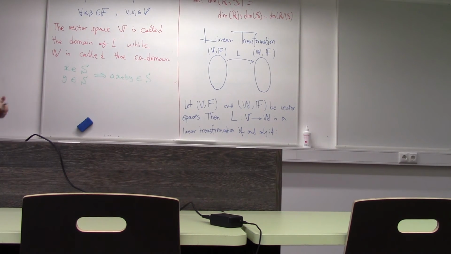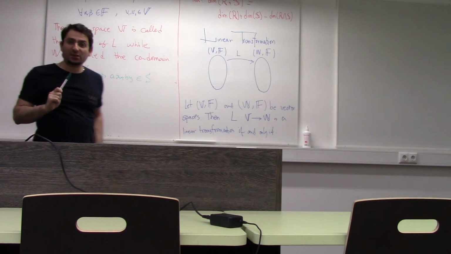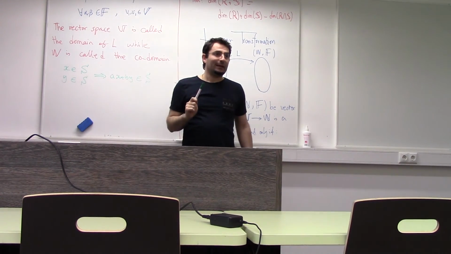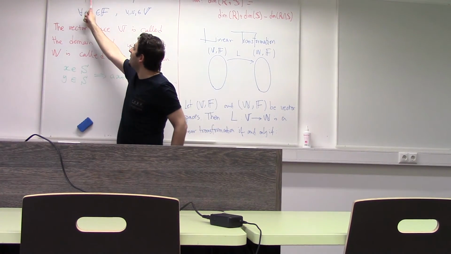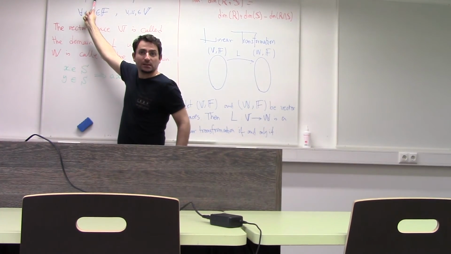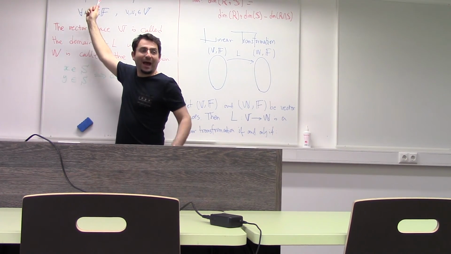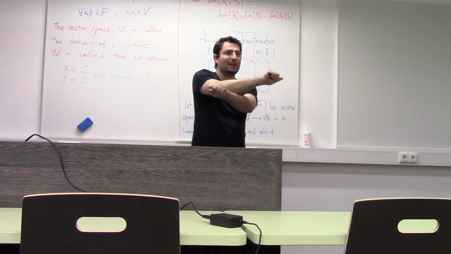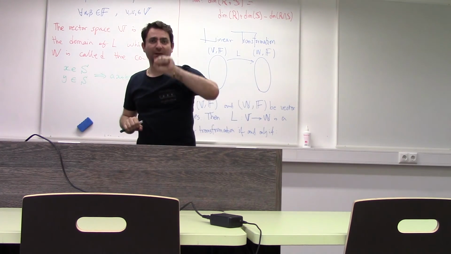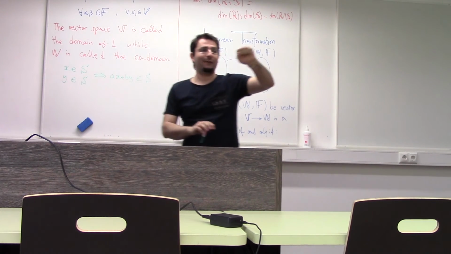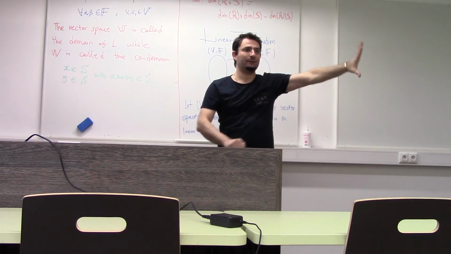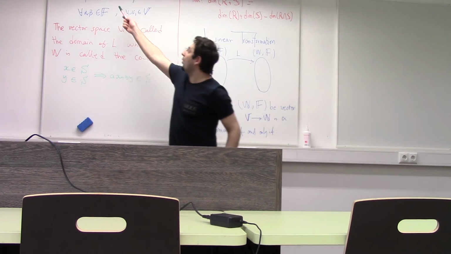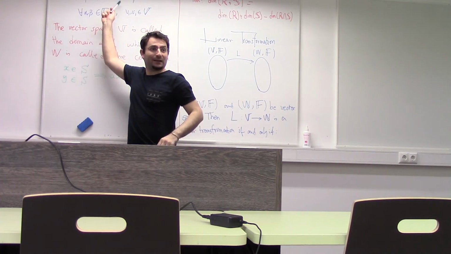In other words, L is a linear transformation if we add two vectors, give the sum to our mapper and get one answer, and it is the same as giving each of the vectors separately to the mapper, and adding what we get in the codomain. Also, scaling.